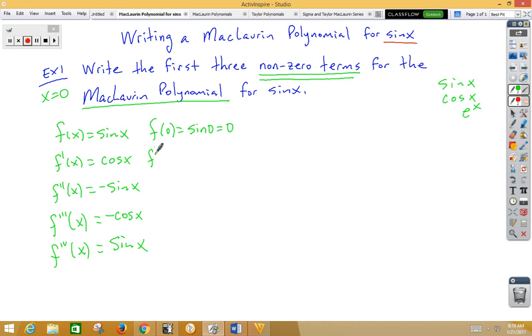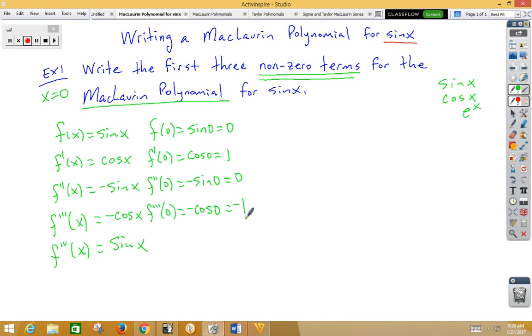If we do f prime of 0, we get cosine of 0, which is 1, so we can use that. f double prime of 0 is negative sine of 0, which is back to 0, can't use that. f triple prime of 0 is negative cosine of 0, which is negative 1, that one's good.